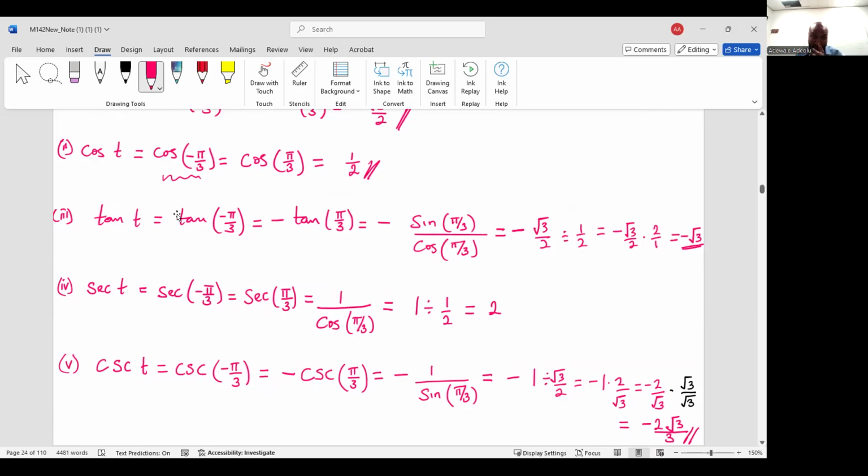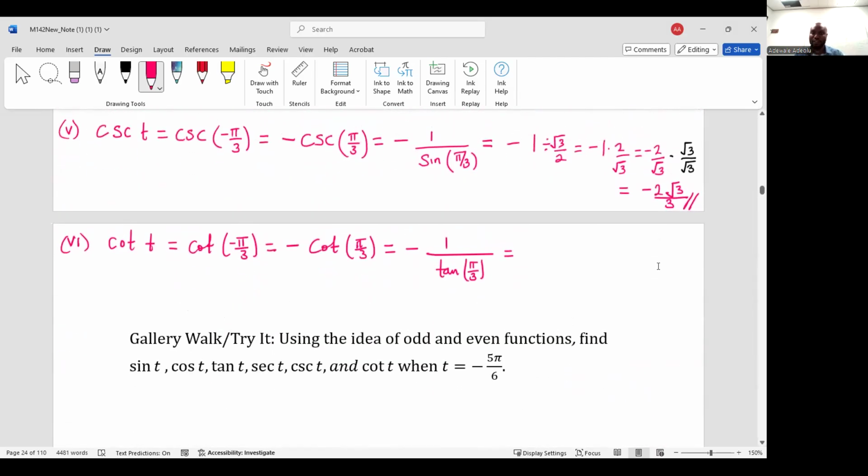Not tangent of pi over 3. It is tangent of negative pi over 3, which is negative root 3. But you should be able to move between the two, or let's take it step by step and see.